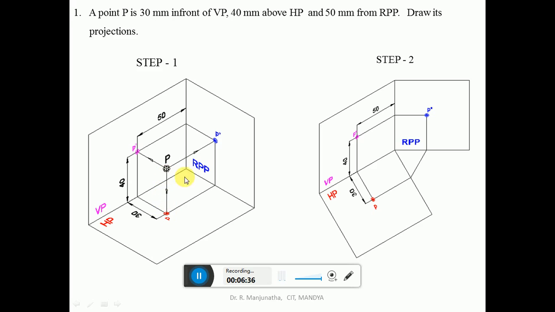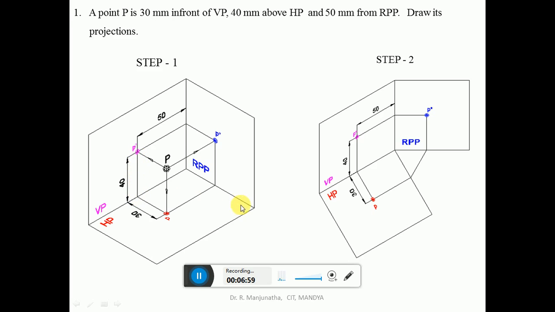This, when it is projected, will fall on the vertical plane. That is, the distance above HP of 40 mm will be seen in the vertical plane. So from this intersection line, you will measure 40 mm.